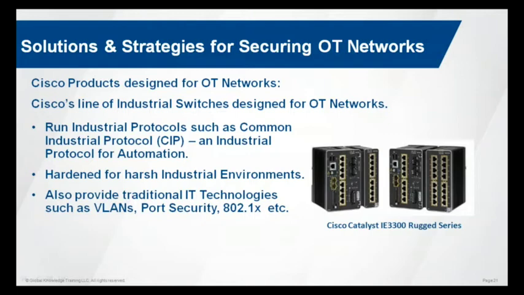But not only that, these switches can also adapt to your traditional IT environment. For example, they can run VLANs, port security, etc. At the same time, they can run the CIP protocols for automation in your OT network environments. They can also support your traditional IT.